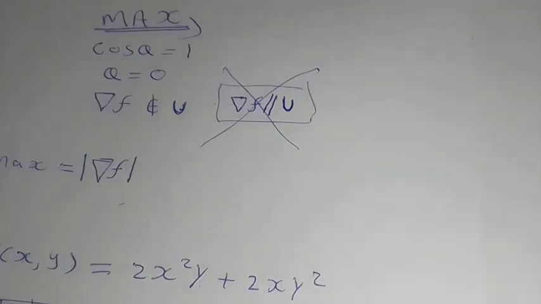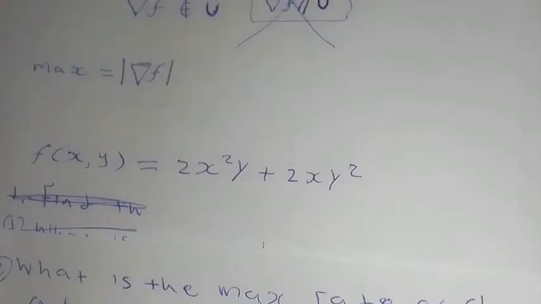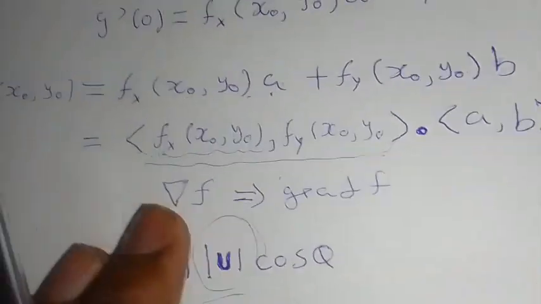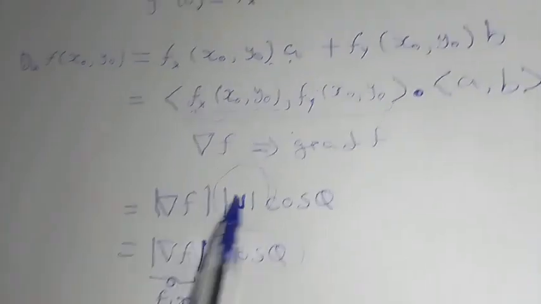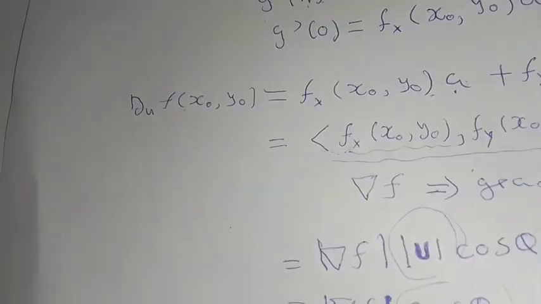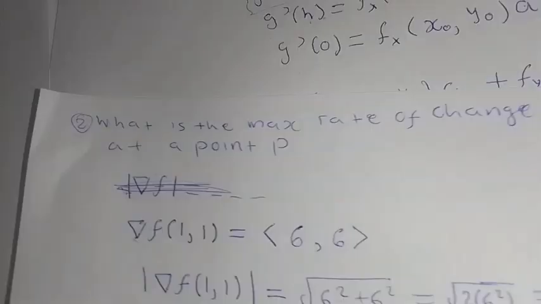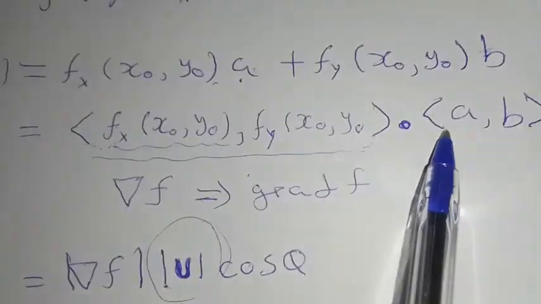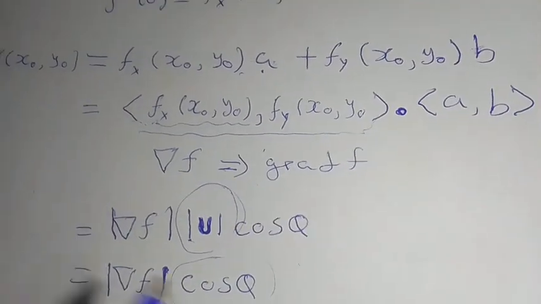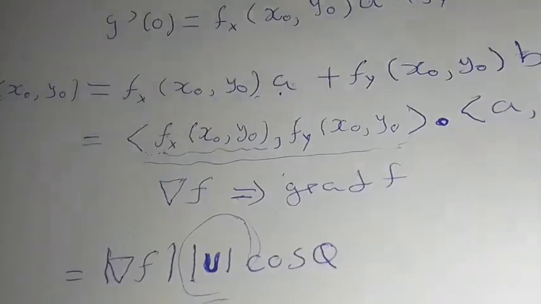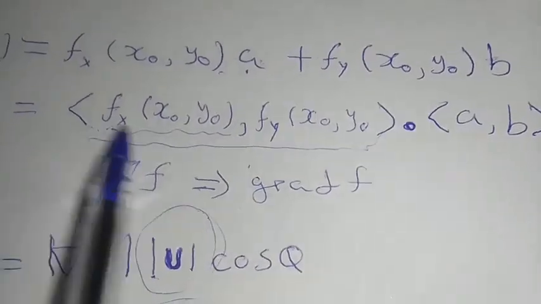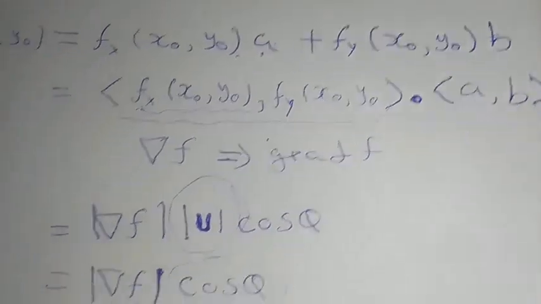So this is it about the directional derivatives. Just have your formulas in mind. This is your formula here, and you can also do the same evaluation another way: notice that you just have the dot product of the gradient vector of f with the unit vector.